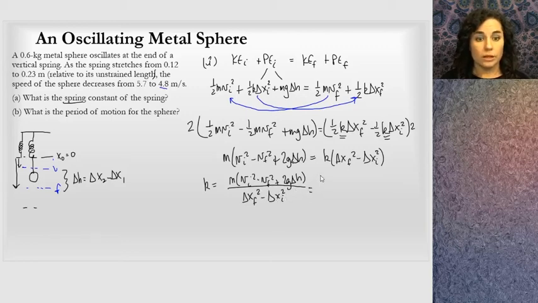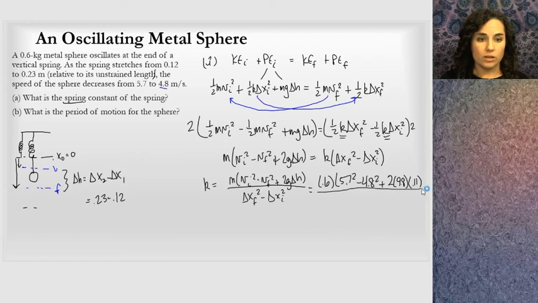And I can plug in numbers. The mass is 0.6. The initial velocity is 5.7, square that, minus 4.8 squared plus 2 times 9.8 times the difference of these two numbers. It'll be 0.23 minus 0.12, which you can see is 0.11. That's all on top.